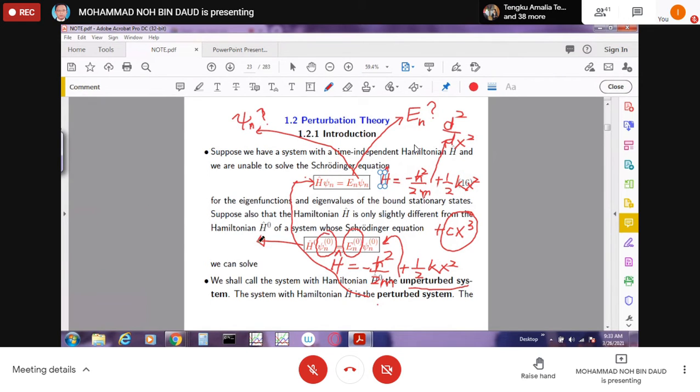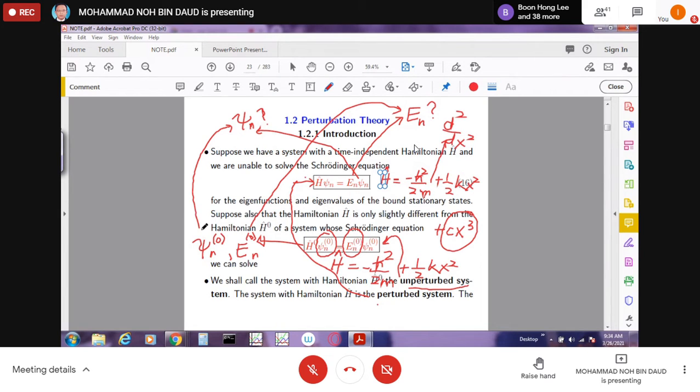So using these two pieces of information, the known energy and known wave functions, we want to get the approximate wave function psi and the approximate energy. Provided that we know this one.